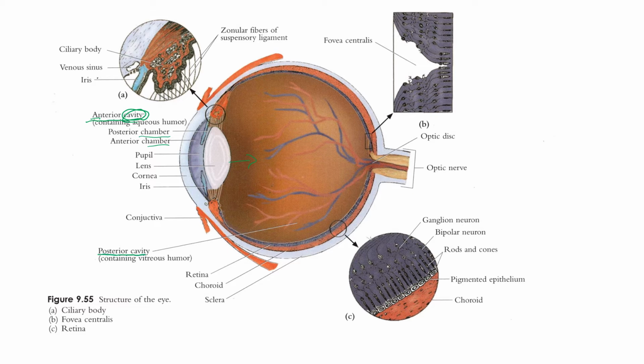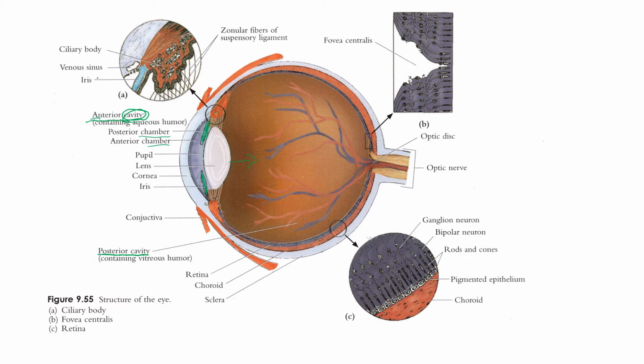Okay, so now in the anterior cavity, we have fluid, basically aqueous humor, which is a clear fluid. It's in this front chamber, which is called the anterior chamber, in front of the iris, the colored part of the eye.